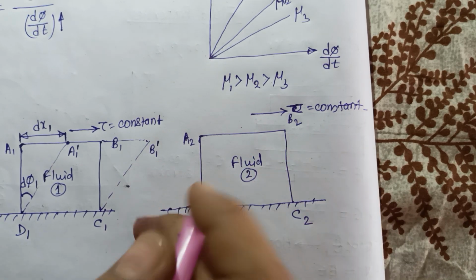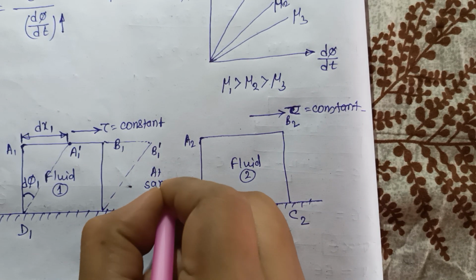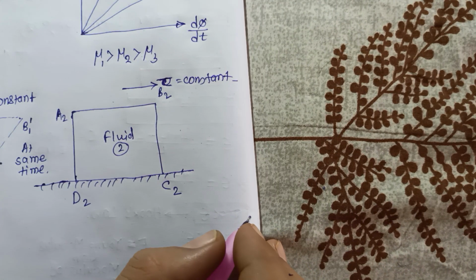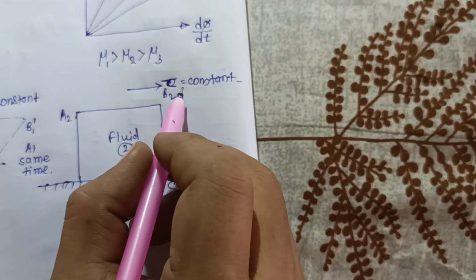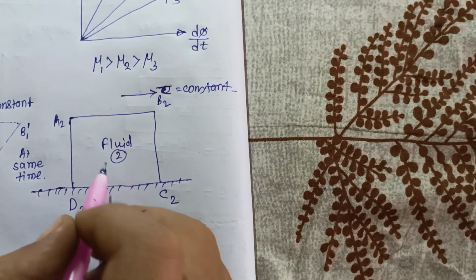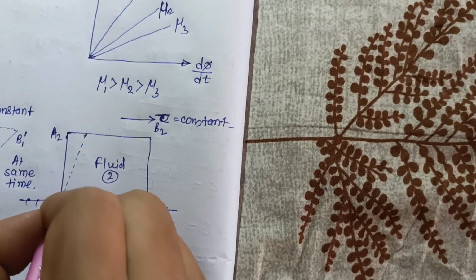For fluid 2, at tau equal to constant, the shear strain may be like this.